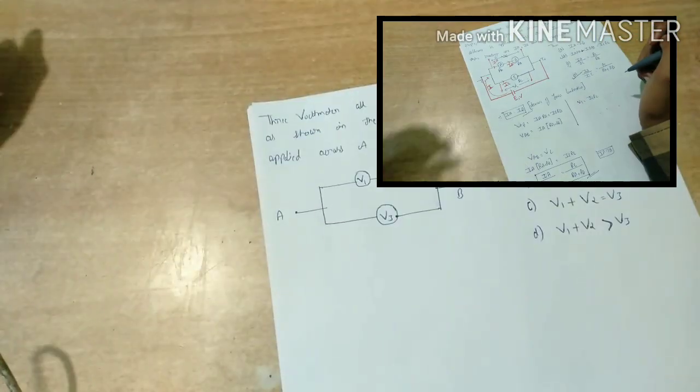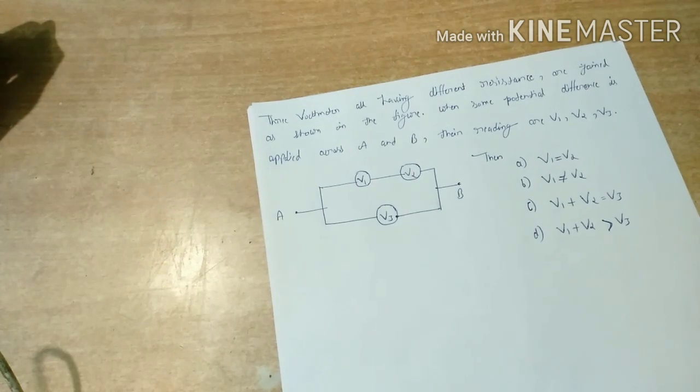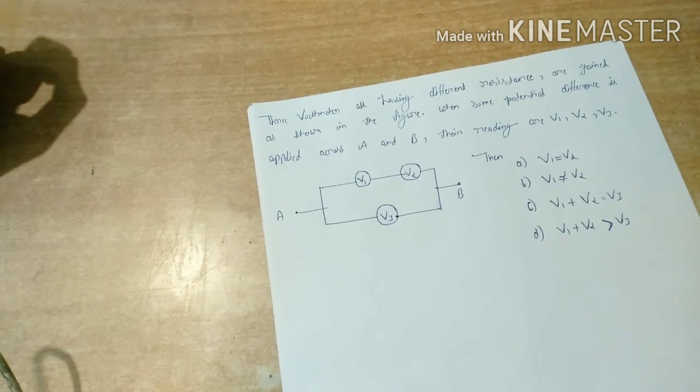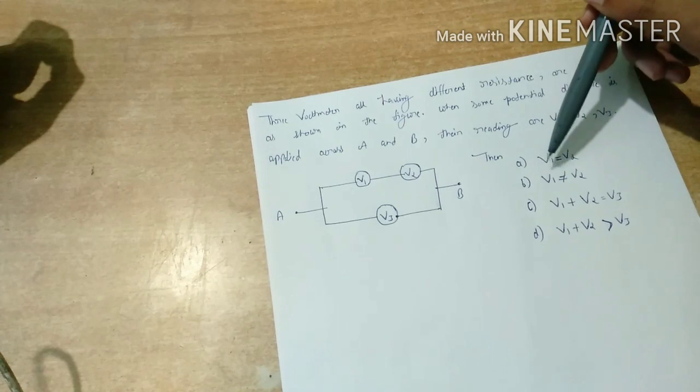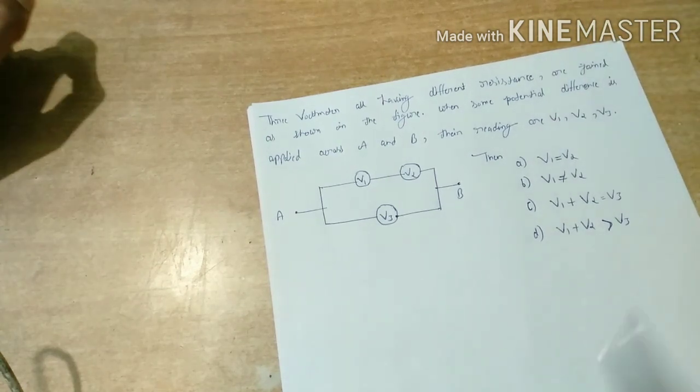Three options are correct. Three voltmeters, all having different resistance, are joined as shown in the figure. When some potential difference is applied across A and B terminals, the readings are V1, V2, V3. Then the option is this one. So let's solve this question.